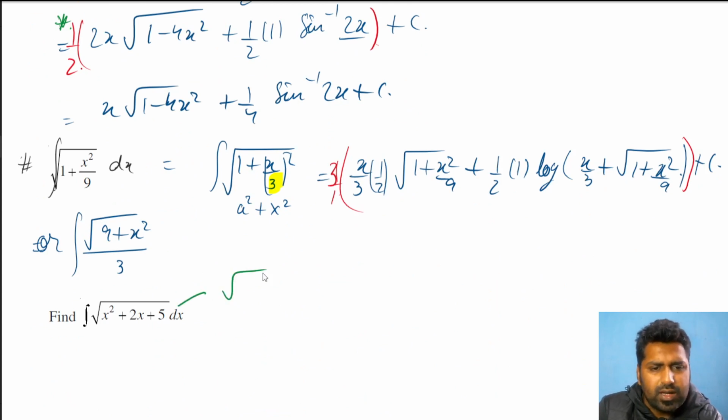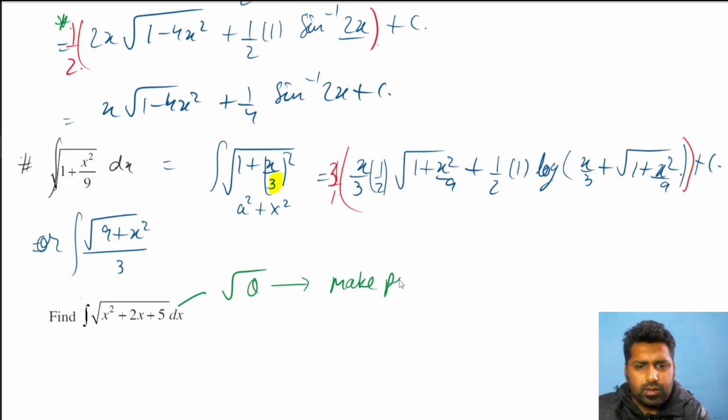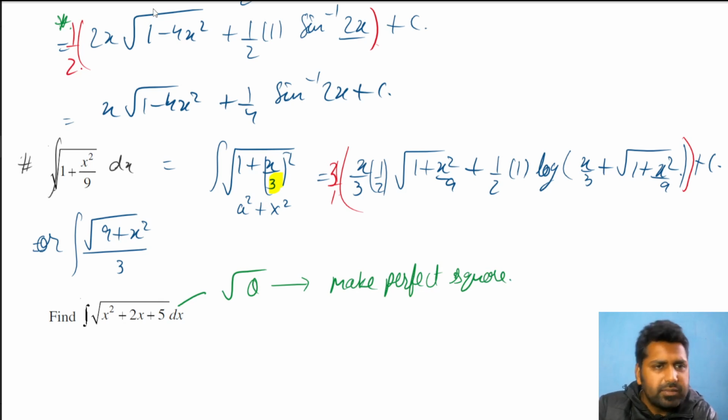This is like the square root of a quadratic expression. So far in standard results we did 1 upon square root of quadratic, 1 upon quadratic. But what was the whole idea? If only a quadratic is present, what do you do? You make a perfect square. So the same thing will be followed here also.